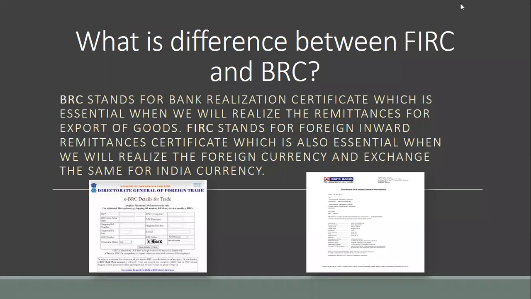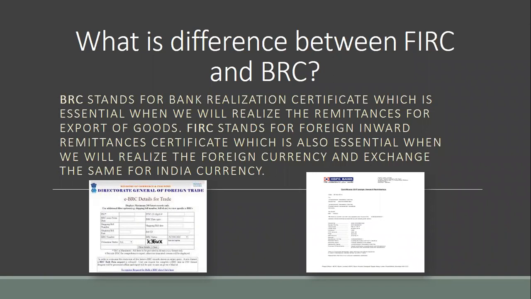So we will try to understand some differences between these. BRC stands for Bank Realization Certificate, which is essential when we realize the payment remittance for the export of goods. FIRC stands for Foreign Inward Remittance Certificate, which is also essential when we realize foreign currencies and exchange them.